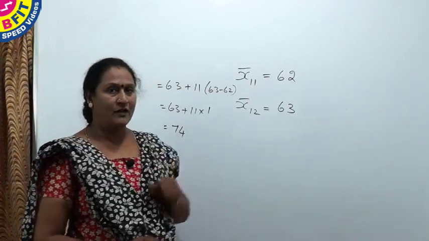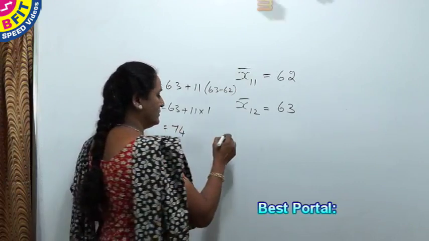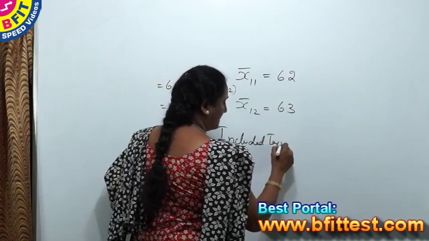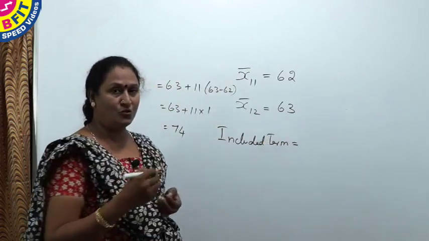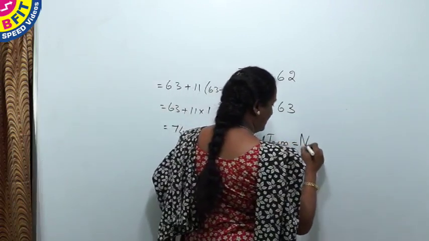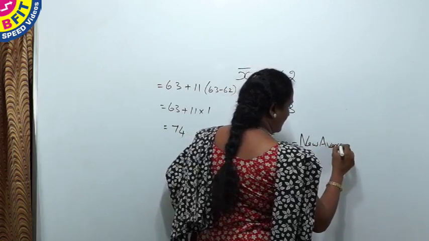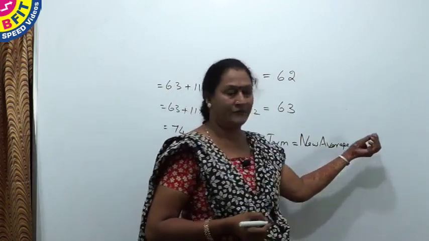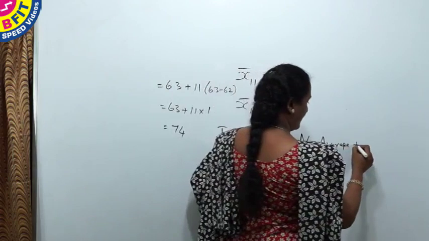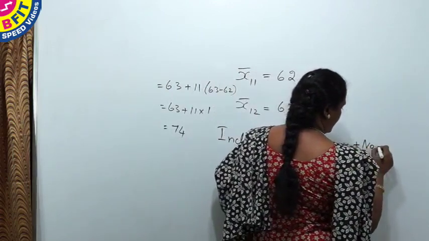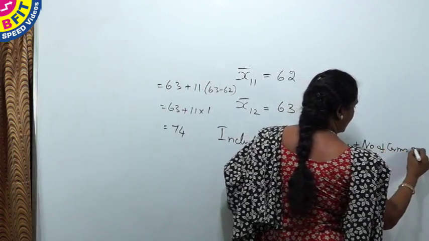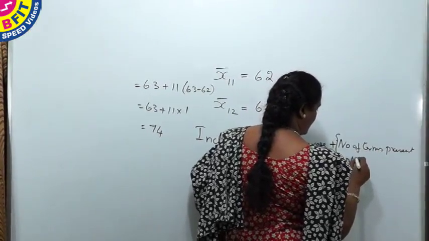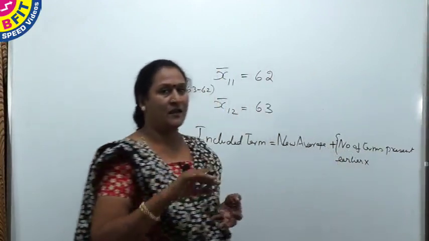Here we have included one term and you are asked to find that term. So this included term equals the new average plus, as you are adding one term, with this new average we add the next term, plus the number of terms present earlier into plus or minus the change in average.